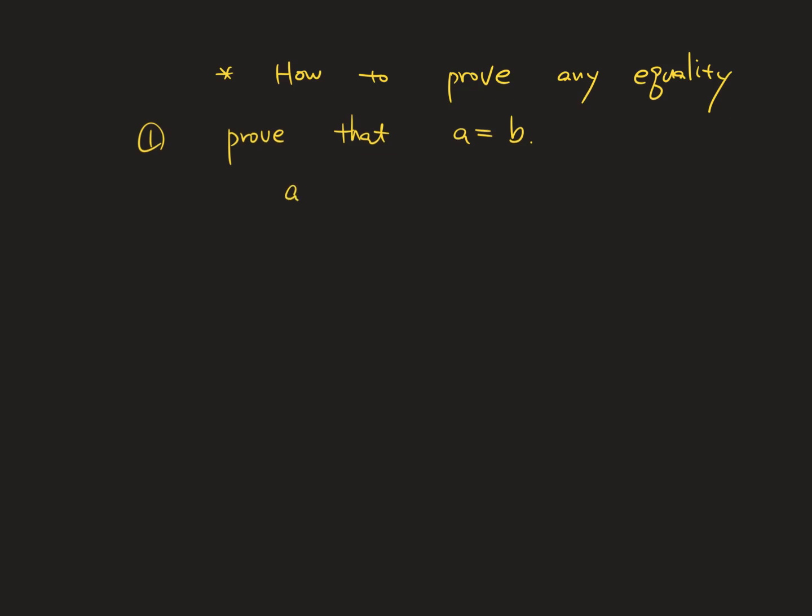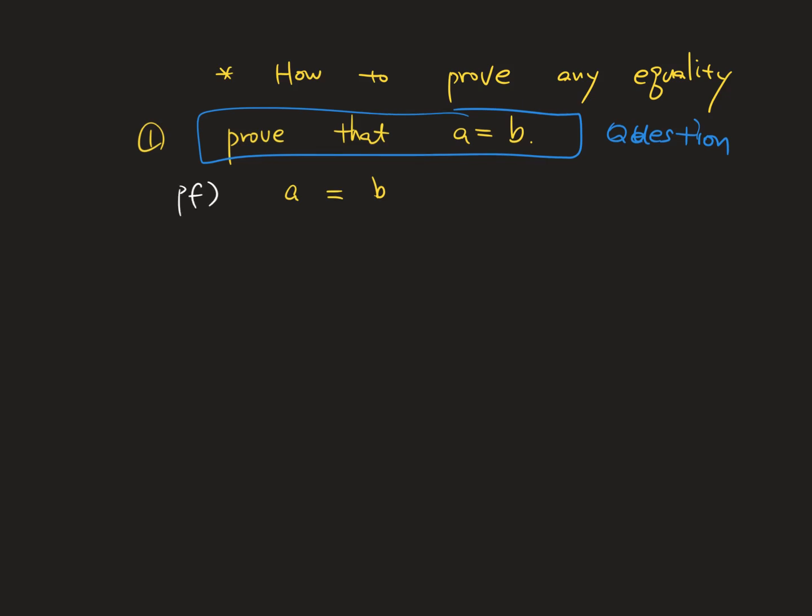They start with A is equal to B, which is the question. Then they show their proof, and something is equal to something, and so on, and then finally they reach a point like 0 is equal to 0, and then they say this is the end of the proof. When you write in this way, you'll get 0 points.